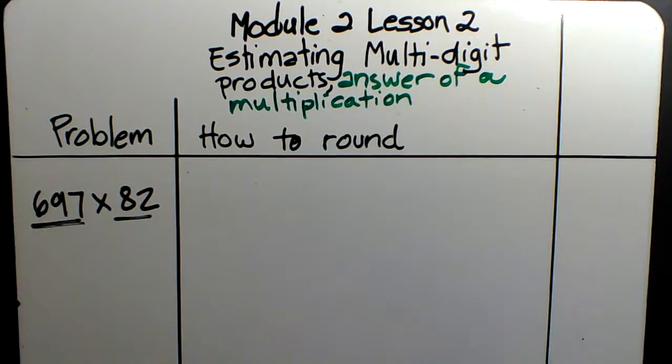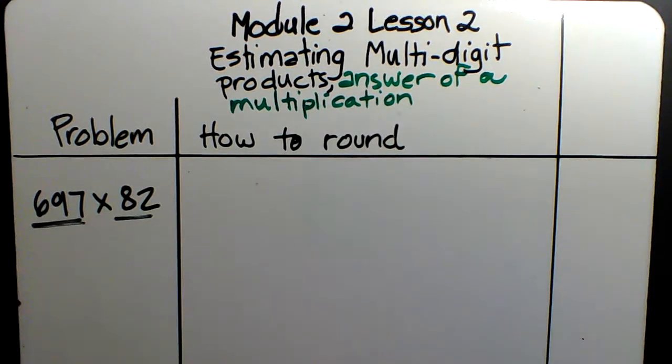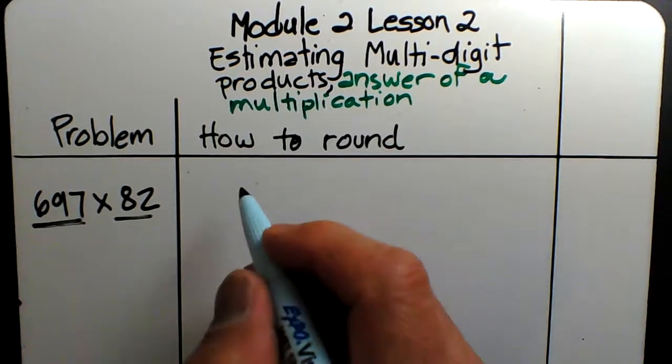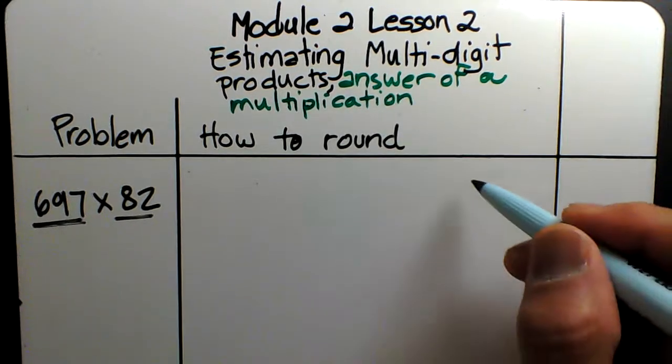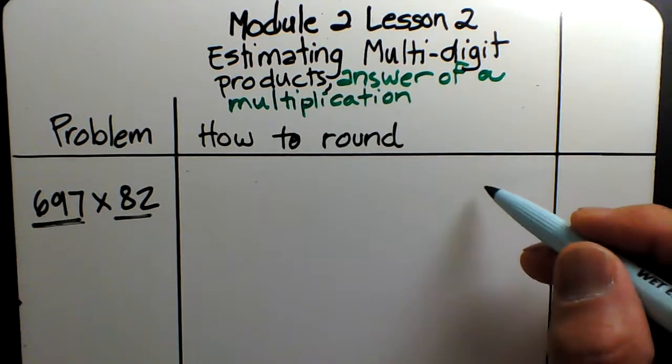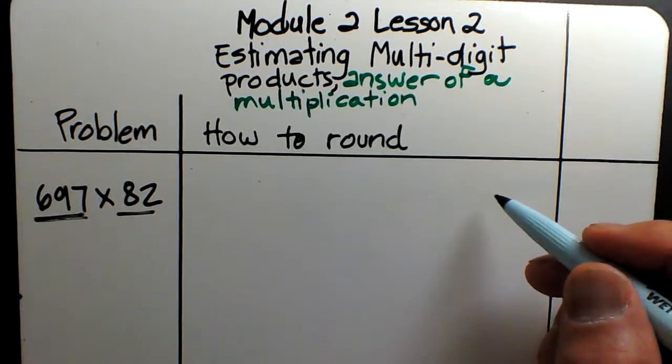Now, you can round them to the tens place or the hundreds place. In this case, I think rounding to the hundreds place is the best. So, just to remember a little bit about rounding, if you're going to round the 600, we know that 600 is close to two numbers, correct?